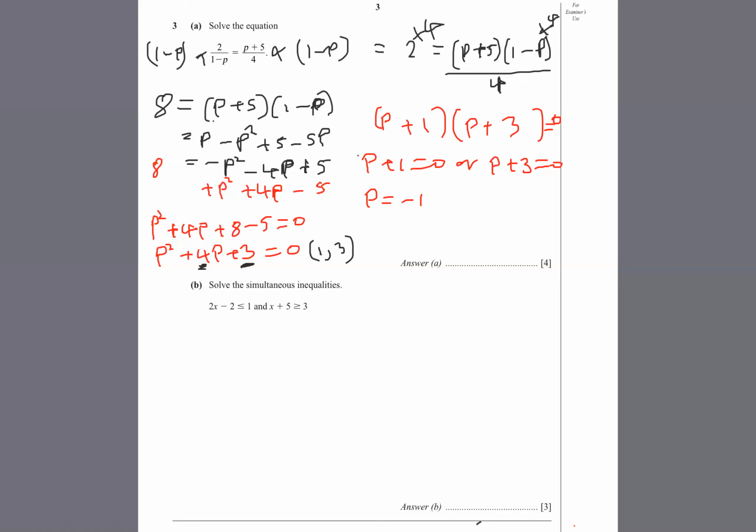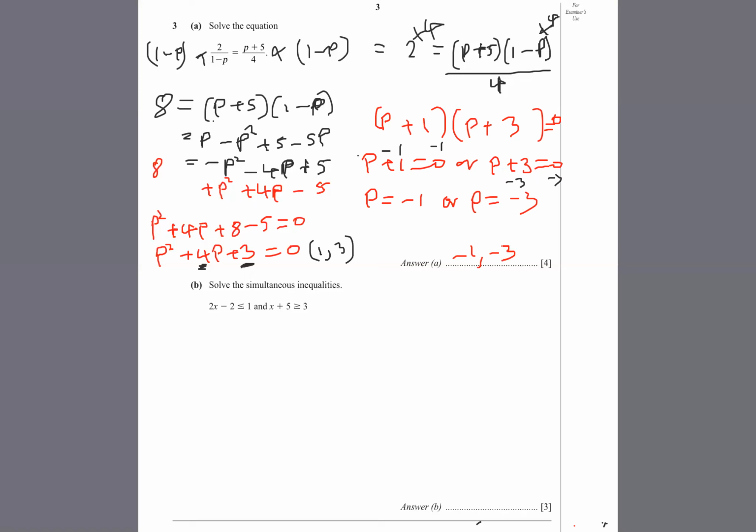So subtract 1, subtract 1. Also this side we subtract 3, subtract 3. So we have p equals minus 1 or p is equal to minus 3. So our answers are minus 1 and minus 3.